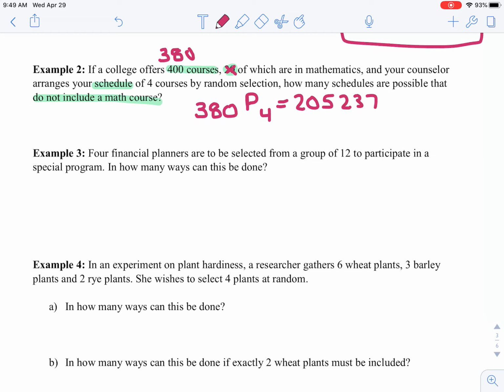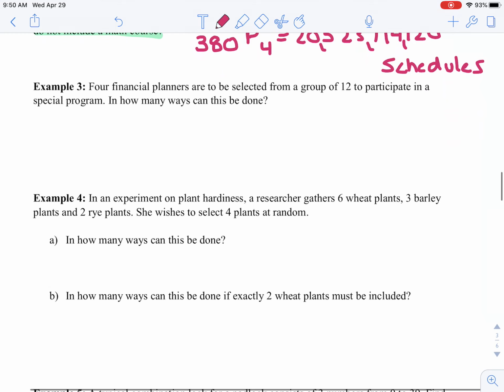And it is a very large number. Put those commas in there, and we do find it's in 20 billion different ways that this could happen. So when you think about scheduling for college classes or school here, there are a lot of different ways that kids could end up in different classes.